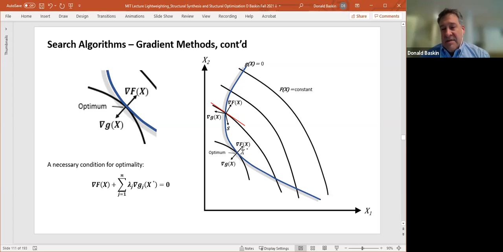But because the magnitudes of these gradients aren't necessarily going to be the same, you need to multiply the constraint by this Lagrangian multiplier lambda. And then when you add those two together, they cancel out. That's a necessary condition in order to find an optimum.